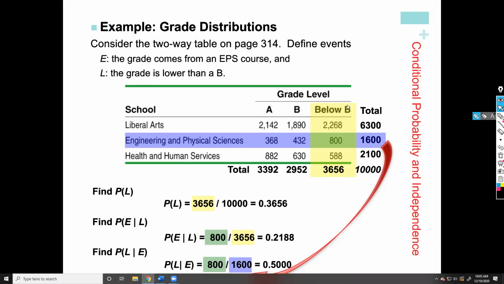Okay, let's get started. I'm going to do an example or two today with conditional probability, but I also want to talk today about independence in a bit more detail.